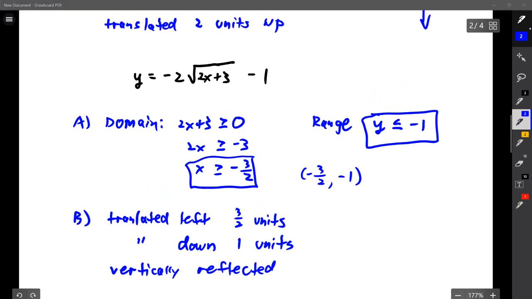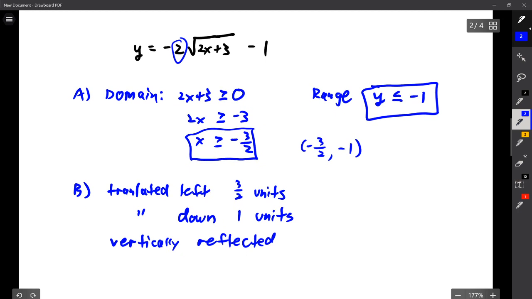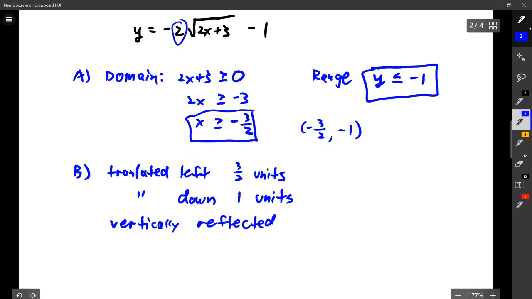And then I have a 2 here. So what does that tell me? That tells me that it is vertically expanded by a factor of 2.